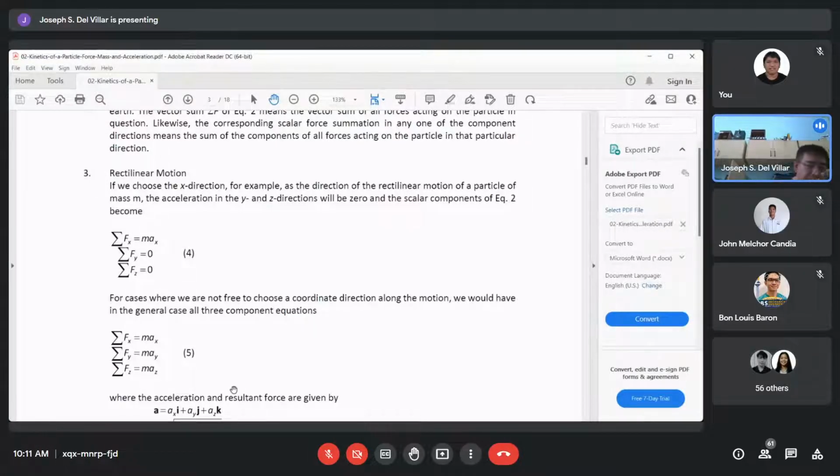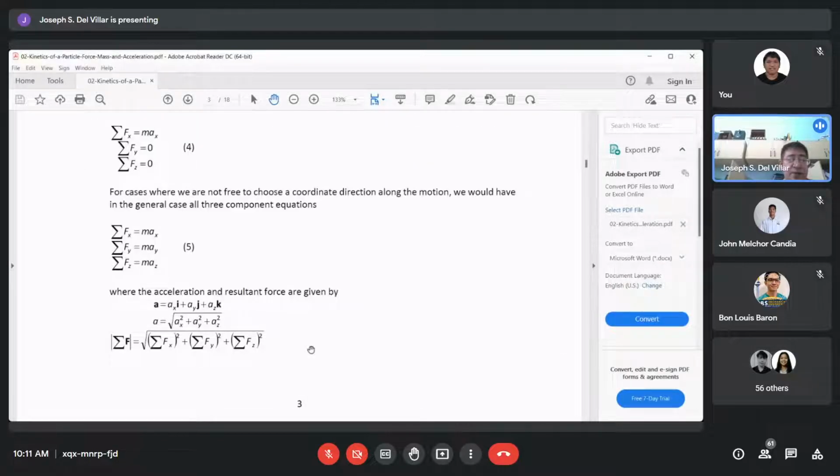Now, for cases which we are not free to choose a coordinate direction along the motion, we would have in the general case all three component equations. No? So if we are not free to choose a coordinate, then we consider the three. Summation of f sub x is equal to m a sub x, summation of f sub y is equal to m a sub y, and summation of f sub z is equal to m a sub z.